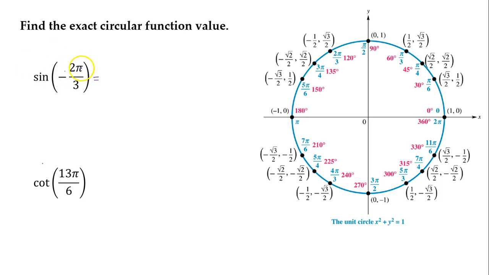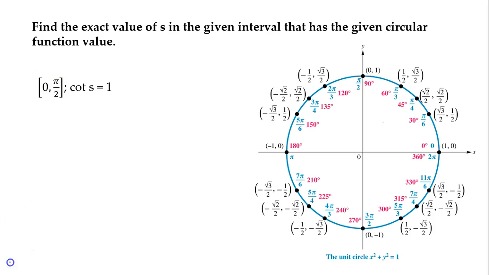What I will tell you is, if you have something that is less than 0, like a negative value inside your trig function, or something greater than 2 pi, like I do have in this problem below, the cotangent of 13 pi over 6, get it to be somewhere between 0 and 2 pi, somewhere along this unit circle, by adding or subtracting 2 pi however many times you need to get it somewhere between 0 and 2 pi.